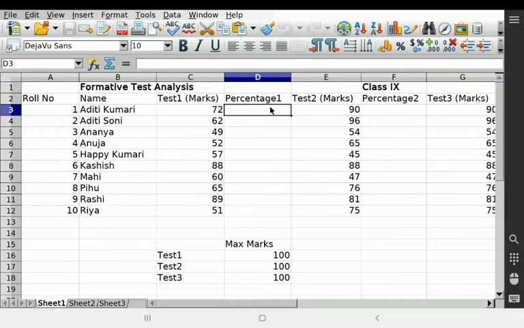Now, before using mixed referencing, let's discuss the formula for finding percentage. Obviously, you will write marks obtained as a numerator and maximum marks as a denominator into 100.